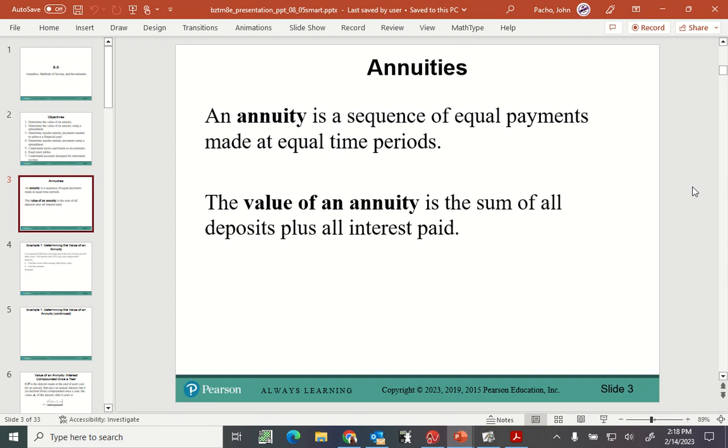Next one, value of annuity is the sum of all deposits plus interest paid. So if annuity is my payment, the value of annuity is going to be my future value. On the calculator, that's just FV, future value.